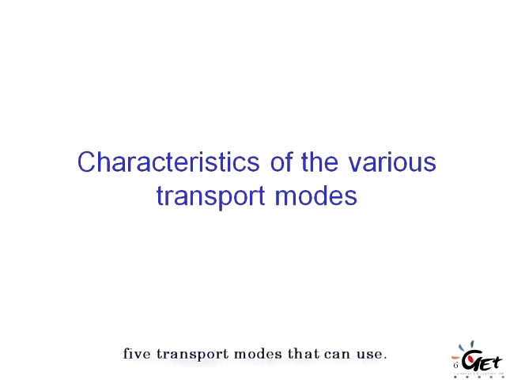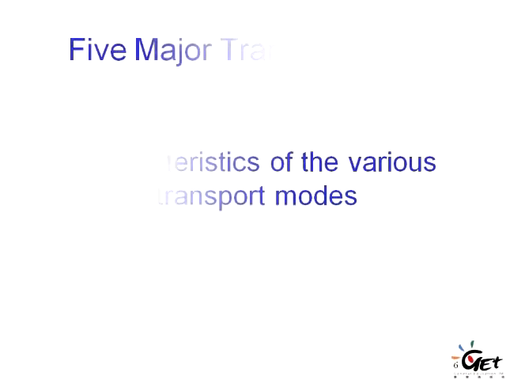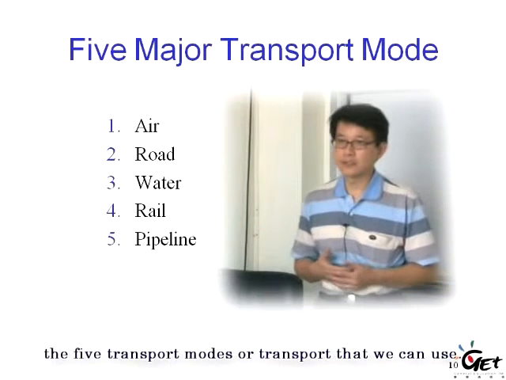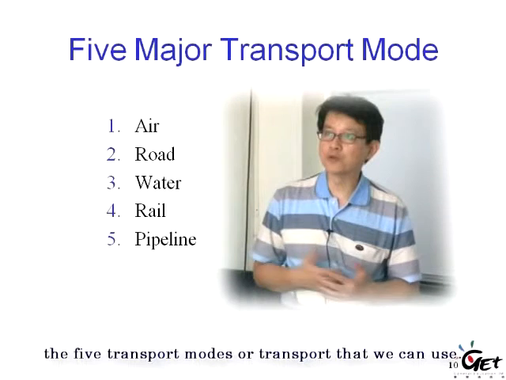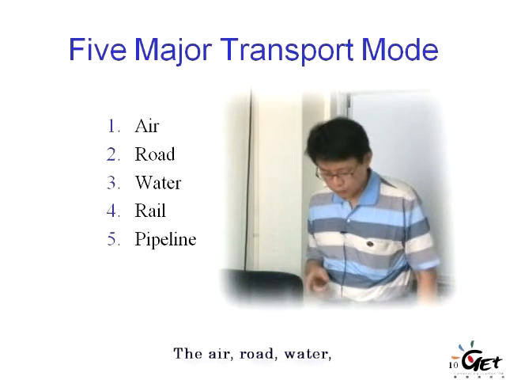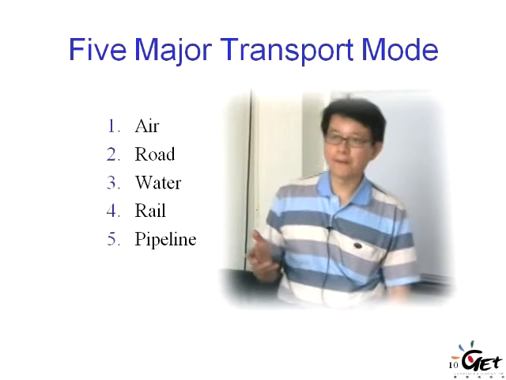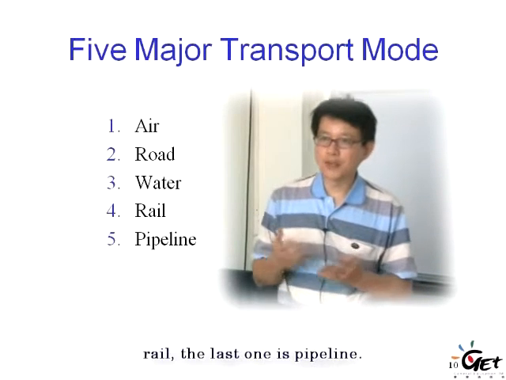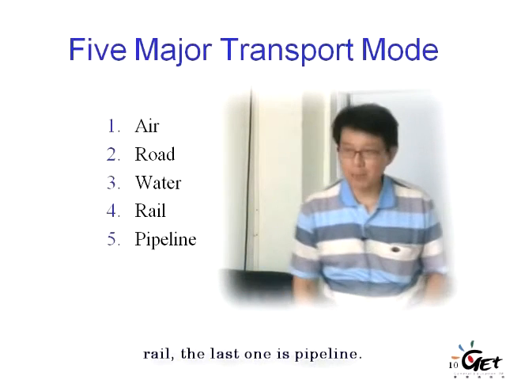Typically, we have 5 transport modes that we can use. And I think in the first unit or second unit, we have already mentioned that to you. I told you that there are 5 modes of transport that we can use: air, road, water, including sea and river, rail, and the last one is the pipeline.